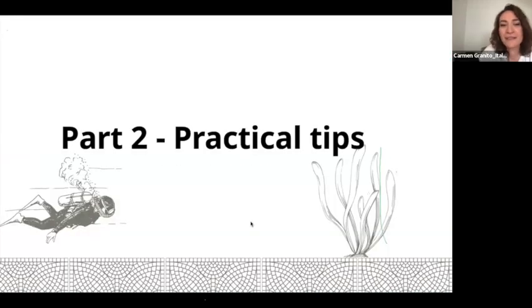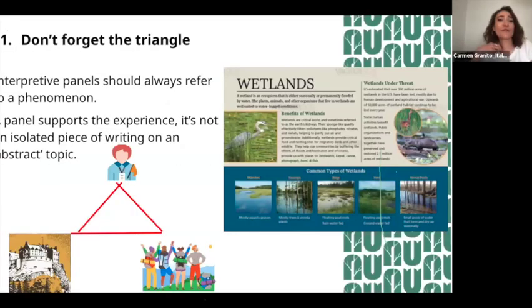All right, so let's look at some practical tips. First of all, do not forget the triangle, which means that interpretive panels should not be about general topics. They should always refer to a phenomenon, something that is right there in front of us, and they support the experience of the phenomenon.